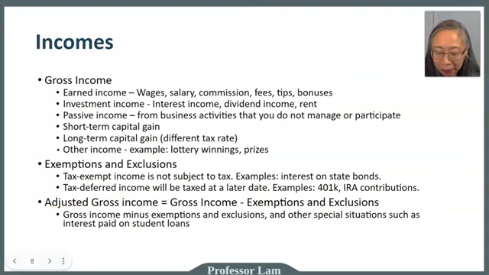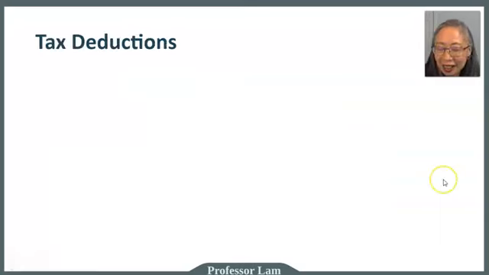So it's very important. You start with your gross income, and then you subtract any exemption and exclusion, which can include deferred income, and then you come up with your adjusted gross income. This is sometimes referred to as the AGI. And when you apply for loans, oftentimes they will want you to put down your AGI, your adjusted gross income.